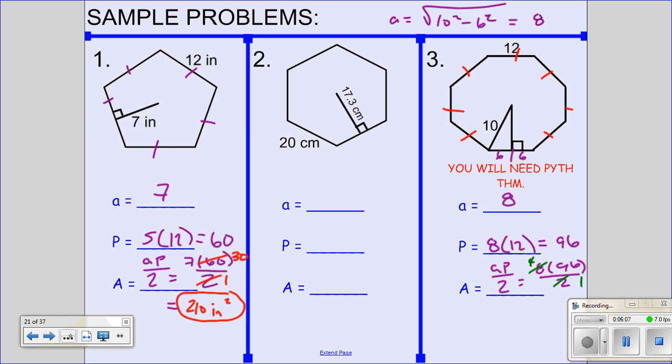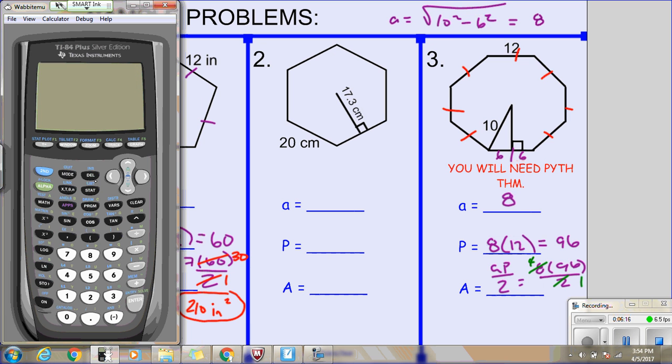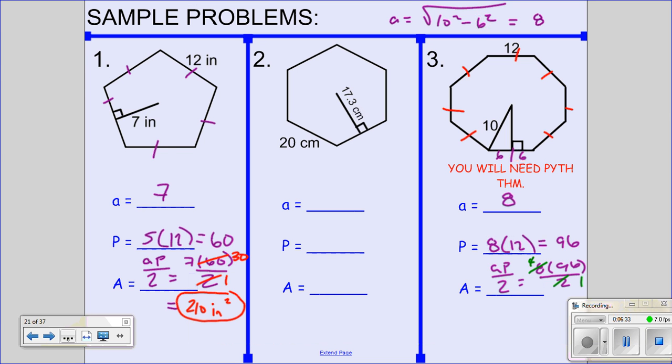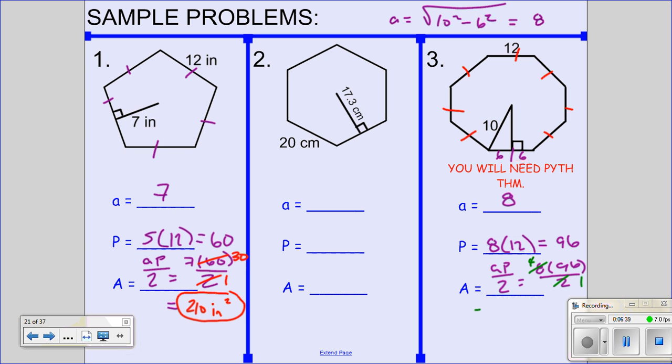Now I just need to multiply 4 with 96, which gives 384 units squared, since I don't have units for this problem. 384 units squared. Final answer.